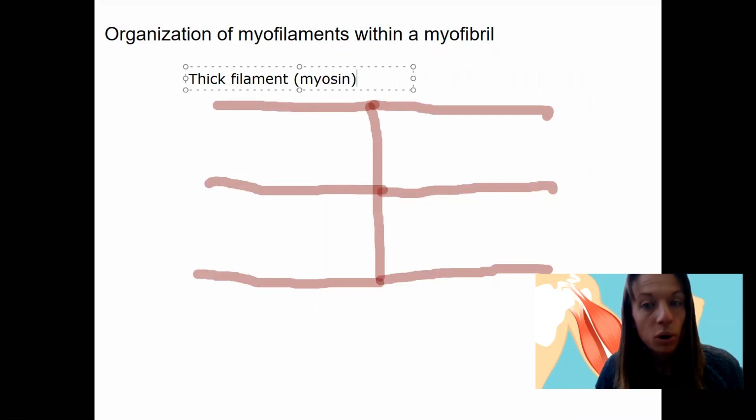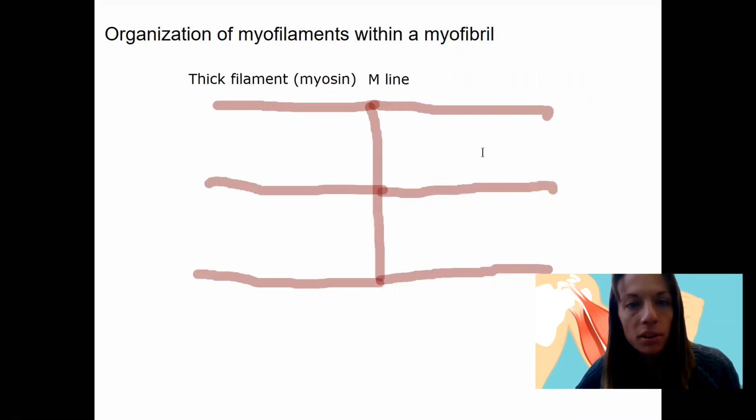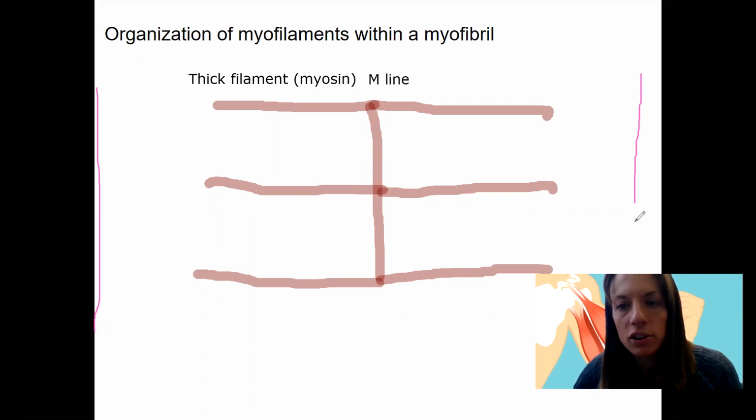Myosin is the protein that makes up the thick filament in muscle cells. We also have a thin filament that I'm going to draw with a thinner color. This is going to have a line down here as well. I'm going to draw a line on either side here where these fibers connect.